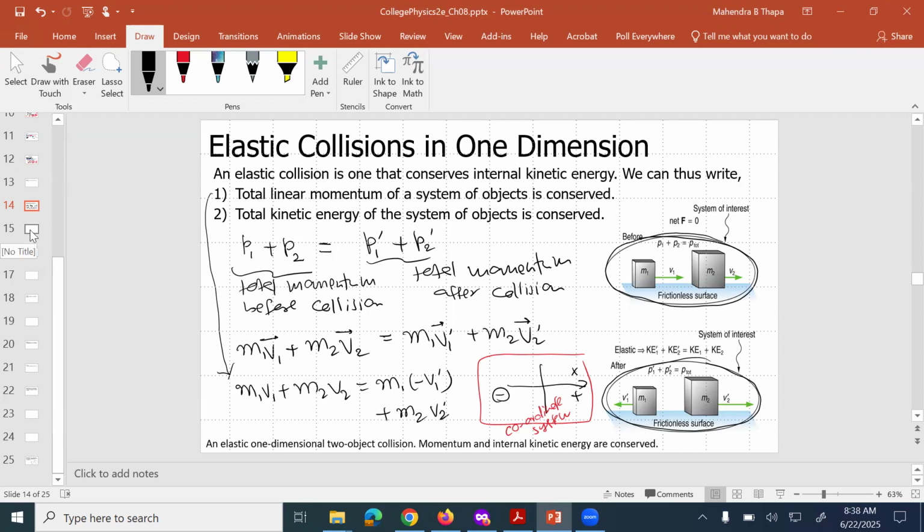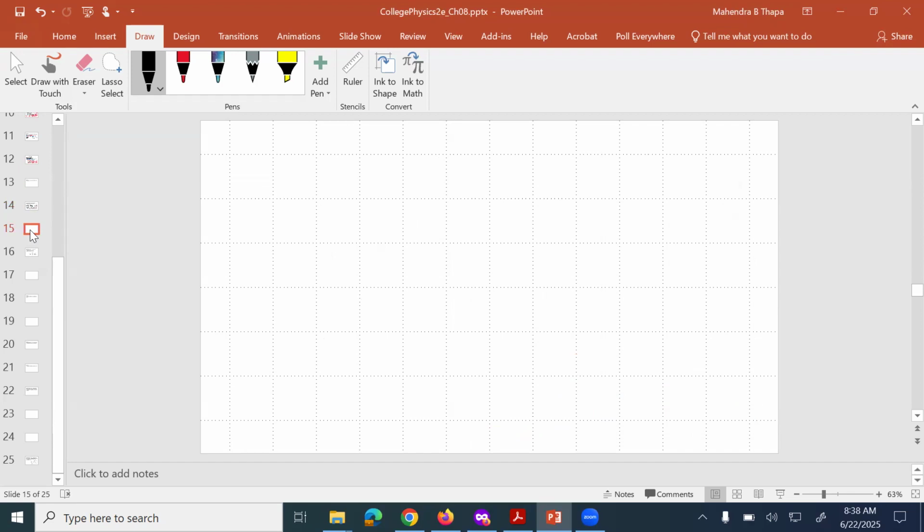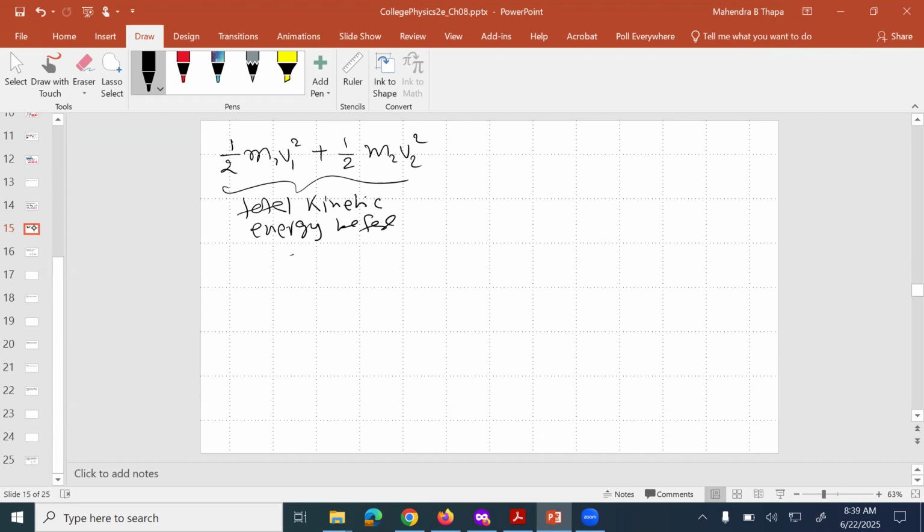Okay, so let's talk about total kinetic energy before and after. So I can write half m1 v1 squared plus half m2 v2 squared. This is the total kinetic energy before collision.